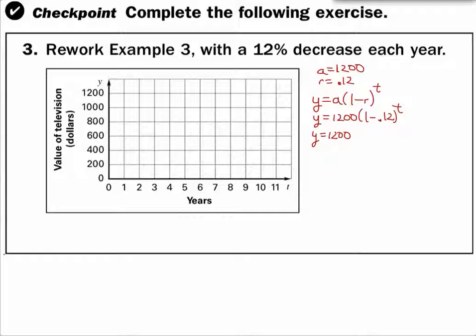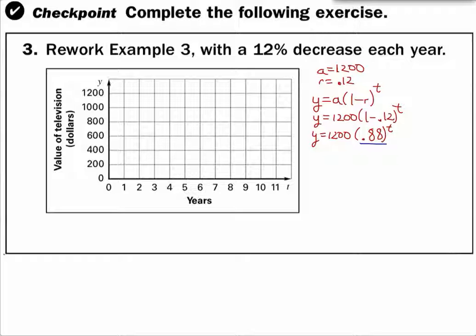So y equals 1200 times 0.88 to the t. You might be curious what's going on with this 0.88 business. First of all, you might be curious why you can't draw an 8, so I'll try to fix that for you. Yeah. The real thing going on is that this 0.88, I'm going to underline it in blue here, is the percent value your TV is keeping every year.